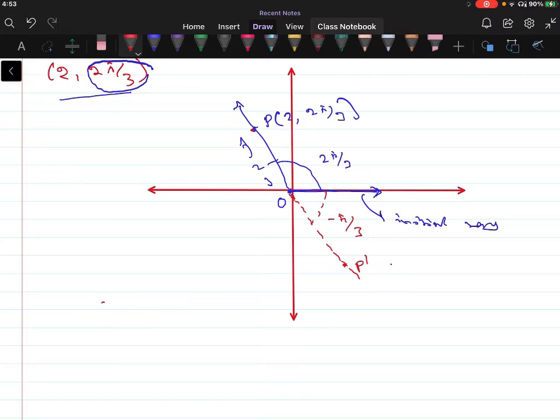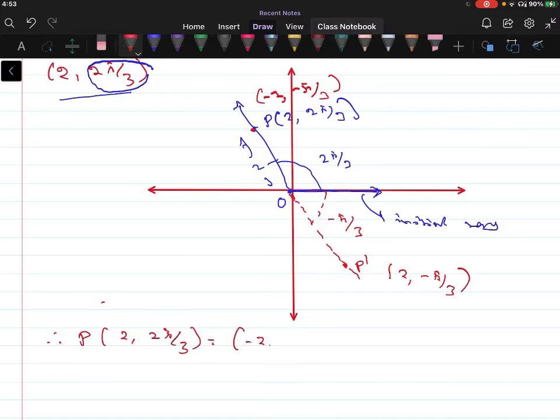So this point is (2, minus pi by 3). The same point on the opposite side we can plot, so that is (minus 2, minus pi by 3). Therefore the point P(2, 2 pi by 3) is the same as (minus 2, minus pi by 3).